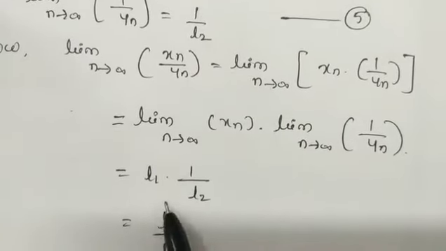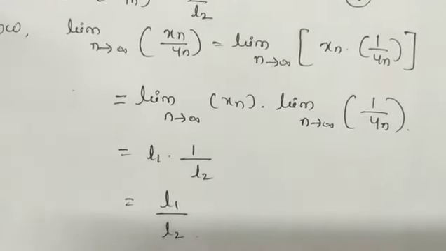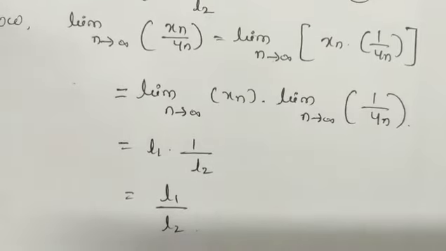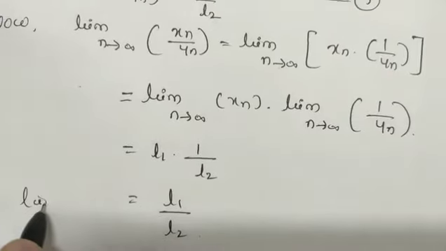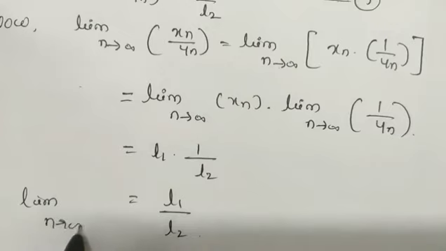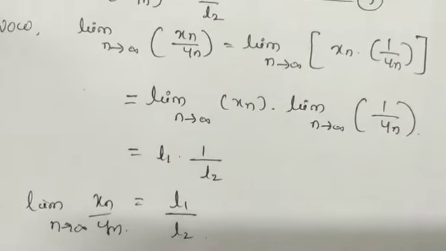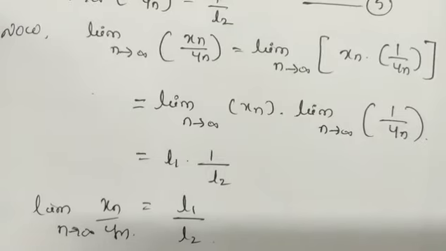So if you combine these two, you will get L1 divided by L2. So thus, we proved the limit as n tends to infinity of xn divided by yn is equal to L1 divided by L2. This is about the fifth theorem.